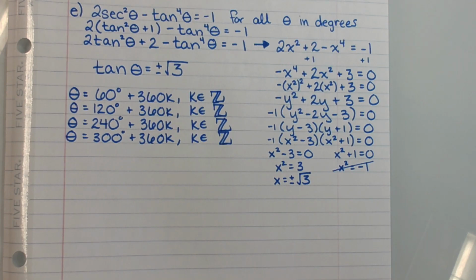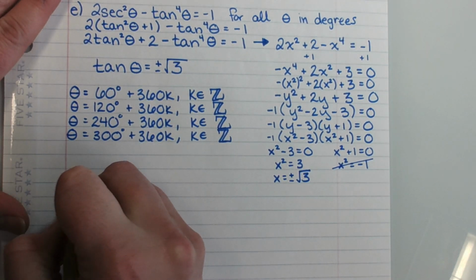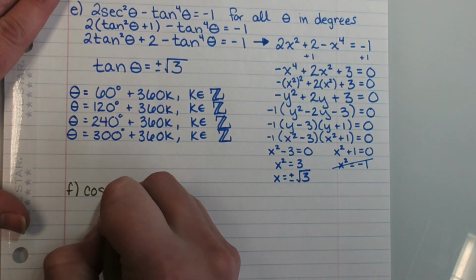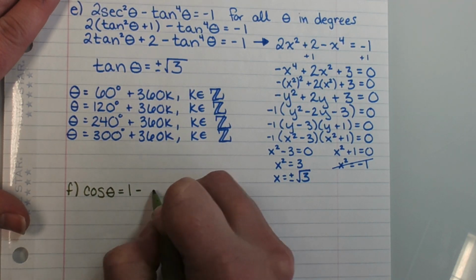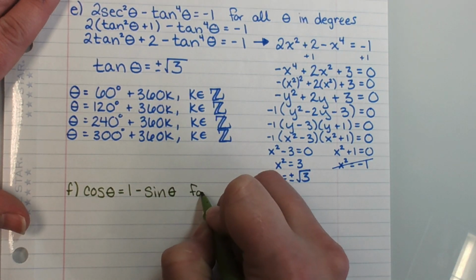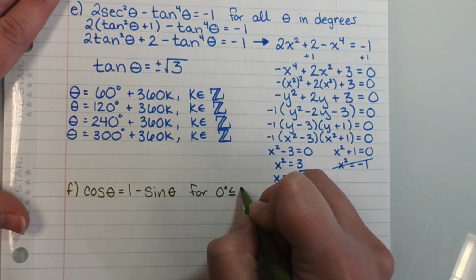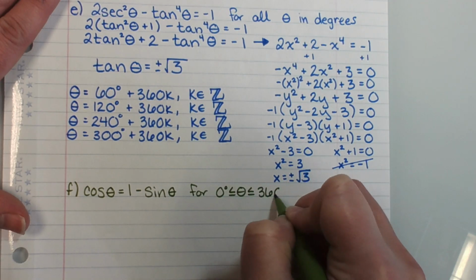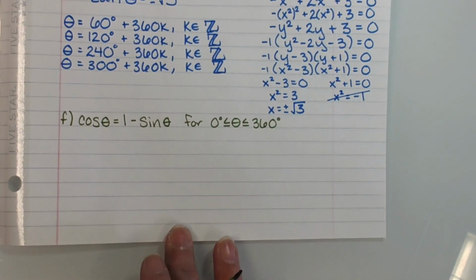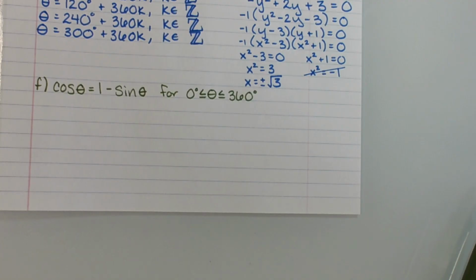There's one more problem I want to do. Okay, I'm skipping one of the problems, down to just one, because this one problem has something in it that I haven't talked about yet.